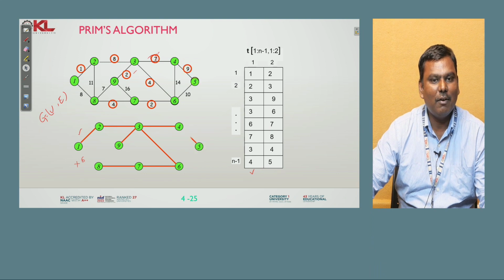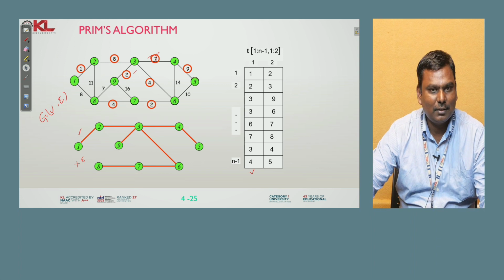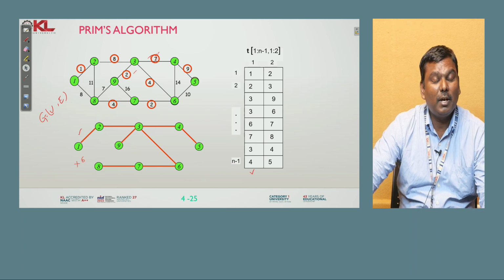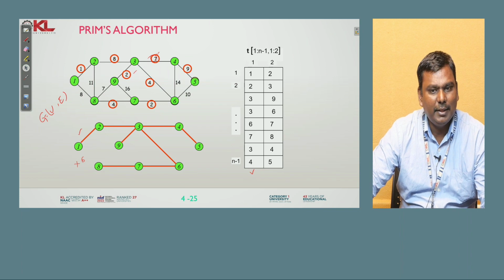So each and every step constructs a tree based on vertex to edges, and each vertex has some minimum weight value. We are showing the graph.